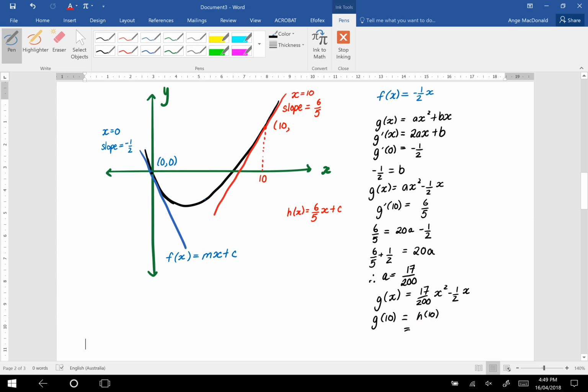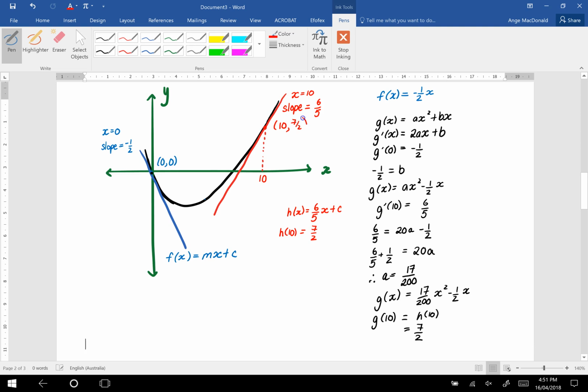So that equals 7 over 2. Or you could have just substituted in your h of 10 over here. So what we're saying now is h of 10 must equal 7 over 2.